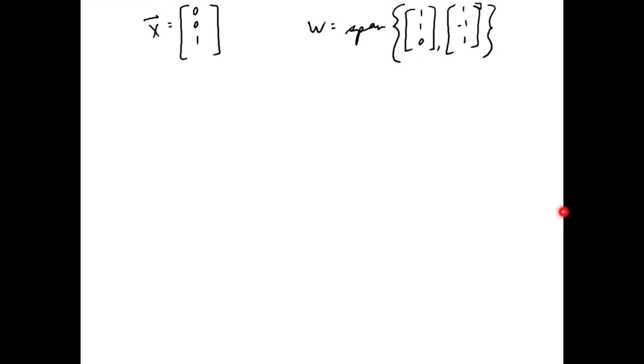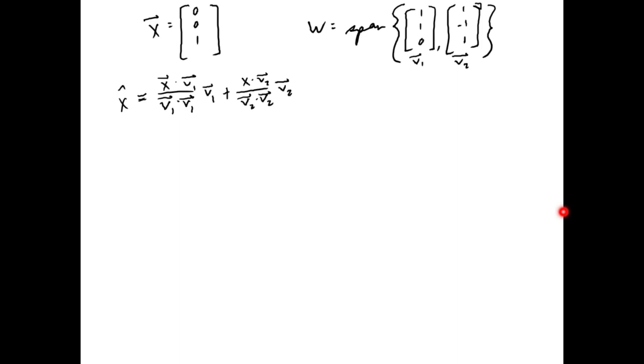Okay, so then x hat would be, and these are my v's, x dot v1 over v1 dot v1 times v1 plus x dot v2 over v2 dot v2 times v2.